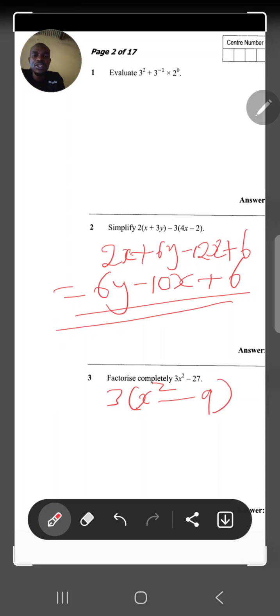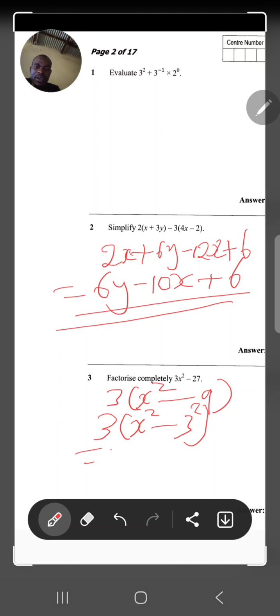So this question is on the difference of 2 squares. We have x squared, and which number can we multiply 2 times to give us 9? That number is 3, and if we say 3 squared, we get back the 9.